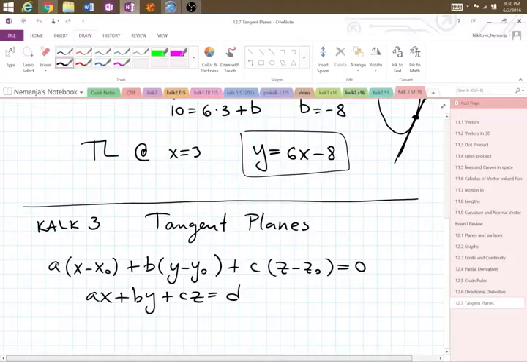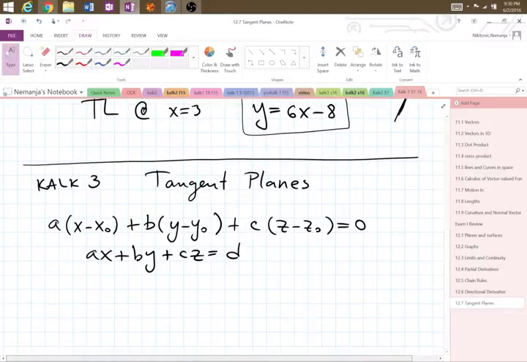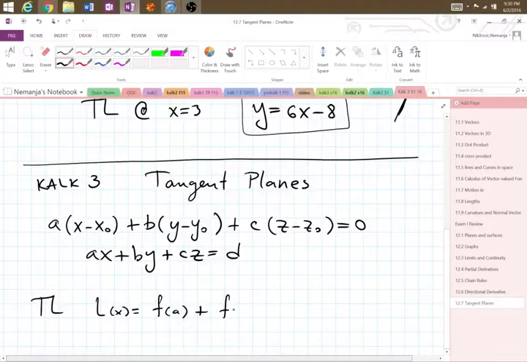Now, if you compare the equation of the plane to the equation for the tangent line that we had before, the tangent line, if you remember the linearization way to write it, was f of a plus f prime of a times x minus a. Do you see how you have this term x minus a, which reminds you of x minus x0, y minus y0? And you see that you have a derivative in front?